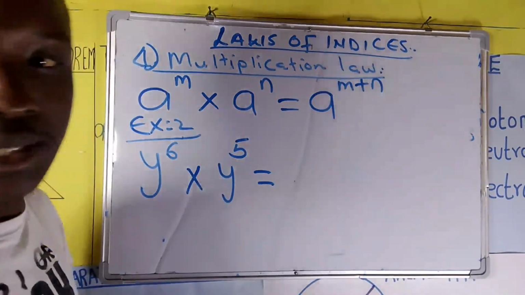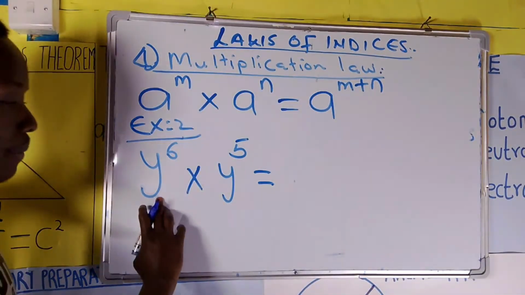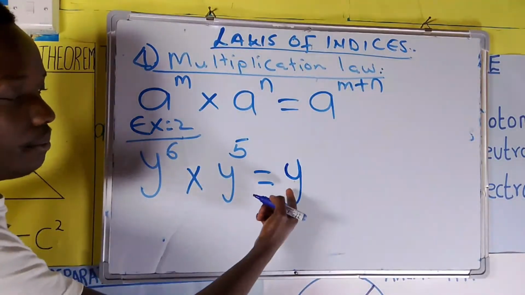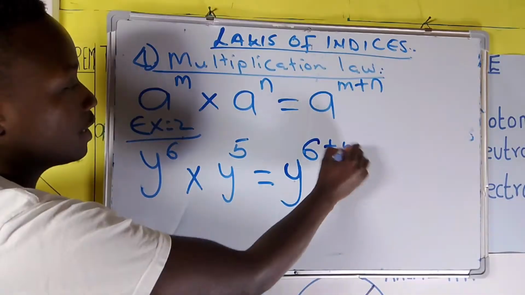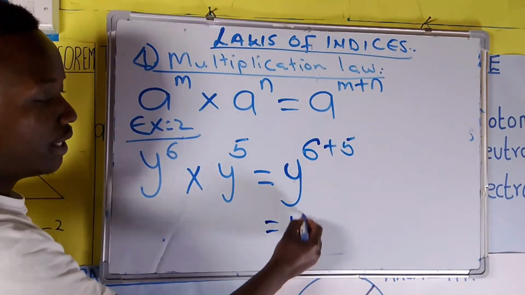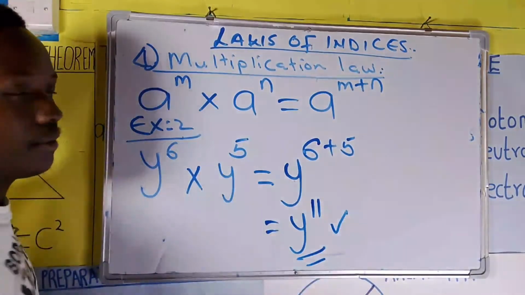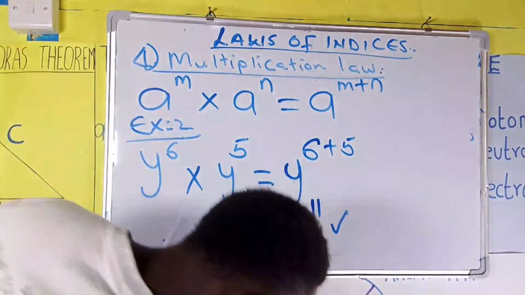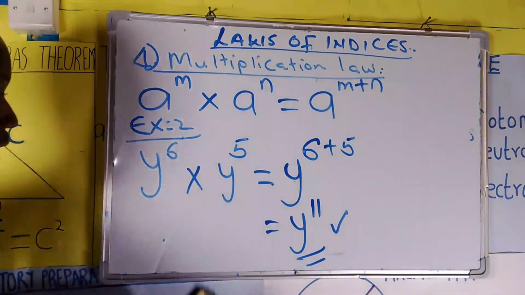When the base is the same and we are multiplying, the base remains the same, y, then we add the powers 6 plus 5. So we get y to power 11. And we are done.